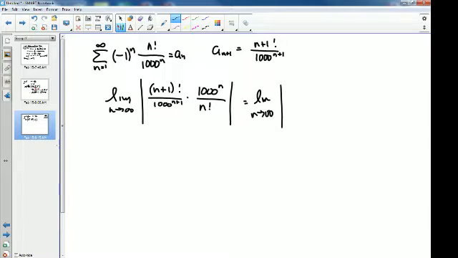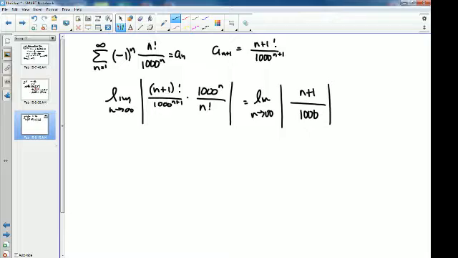What are we going to cancel out? An n factorial. What's left? N plus 1. And what are we going to cancel out here? 1,000 to the n. What's left over? 1,000 on the bottom.